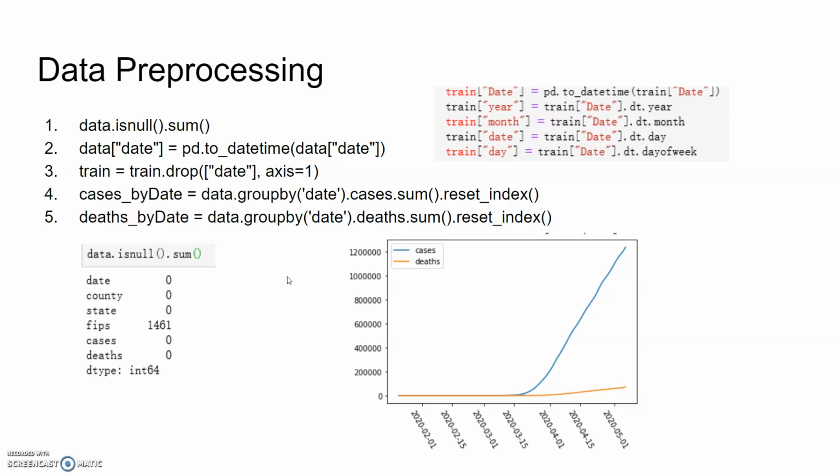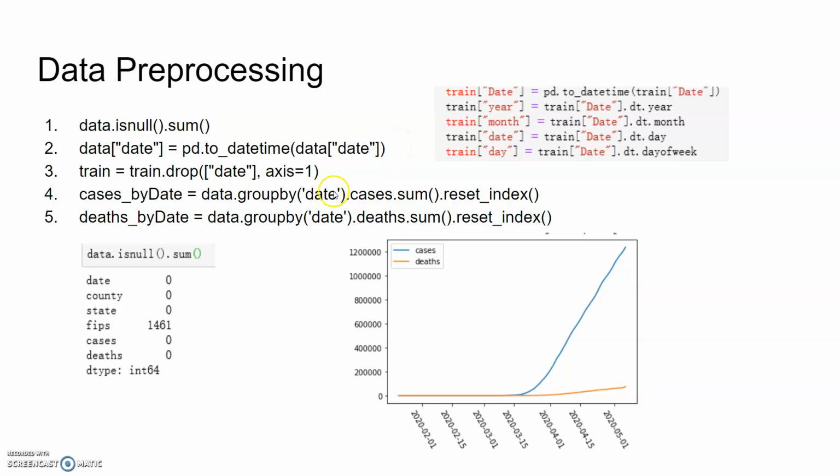For the data preprocessing, first we use the isnull function to check whether the data has null values. Second, we transfer the date to datetime, years, months, and the day of week. Third, we drop the date.